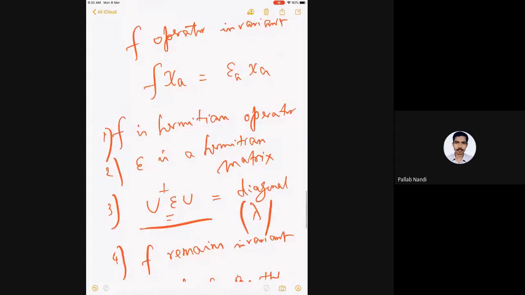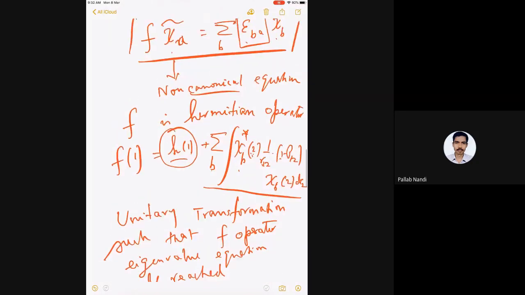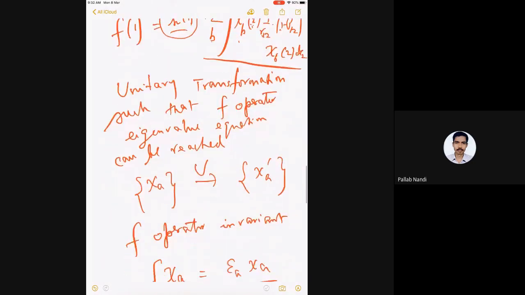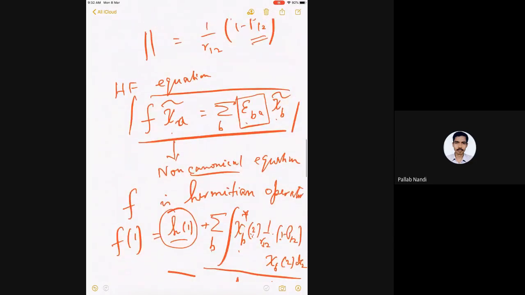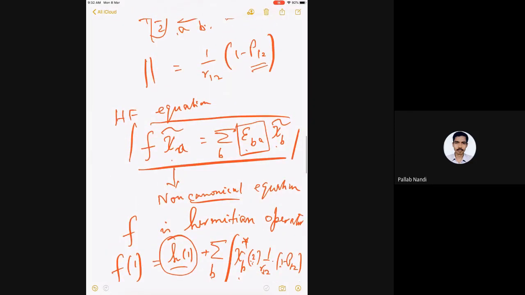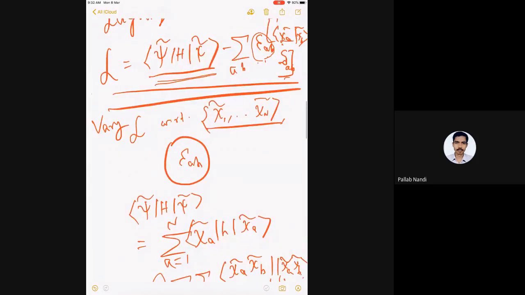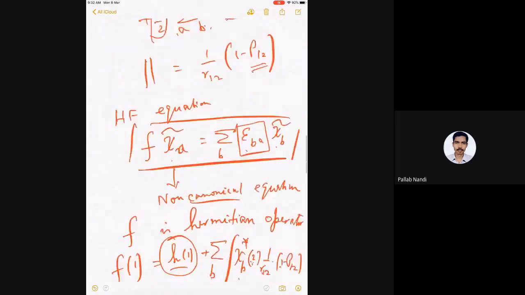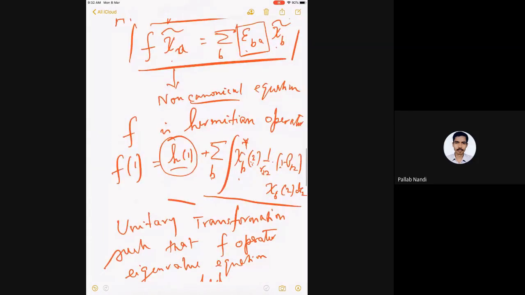So this was a very, very important procedure, starting from the non-canonical equation to the canonical equation. First of all, there is the derivation of the Hartree-Fock equation, which comes from the variation of the Lagrangian, so you get a non-canonical equation. Then you notice that this is a Hermitian operator.